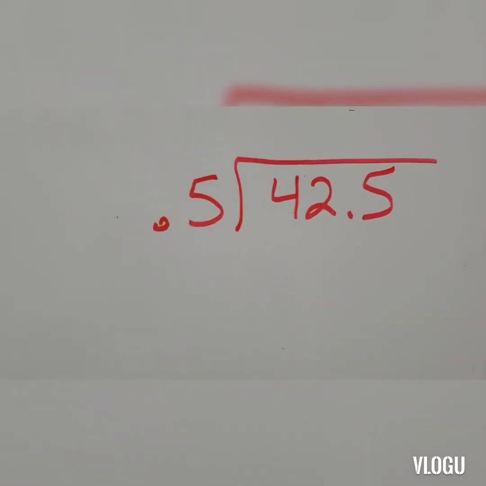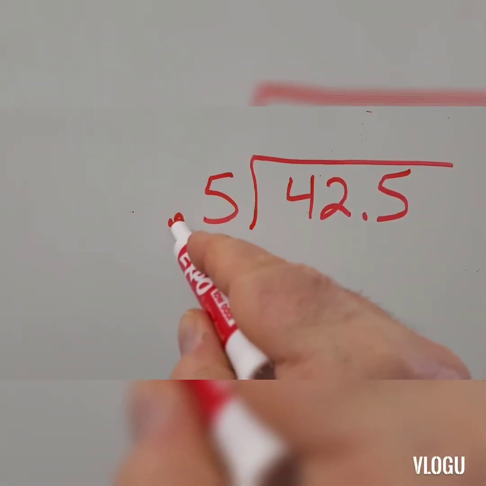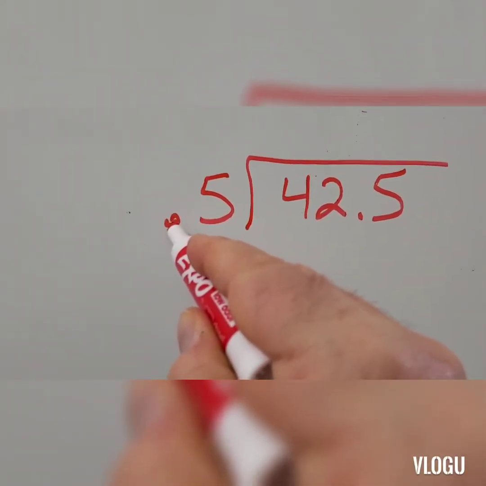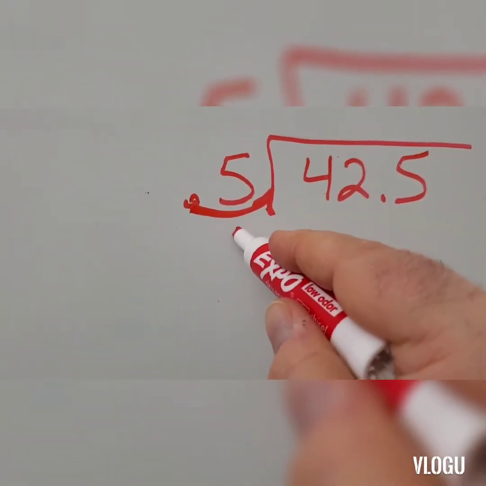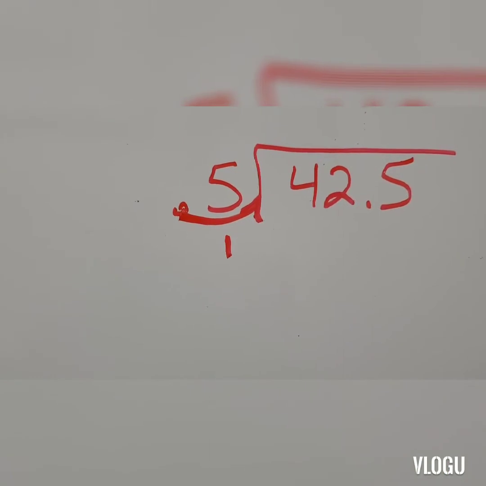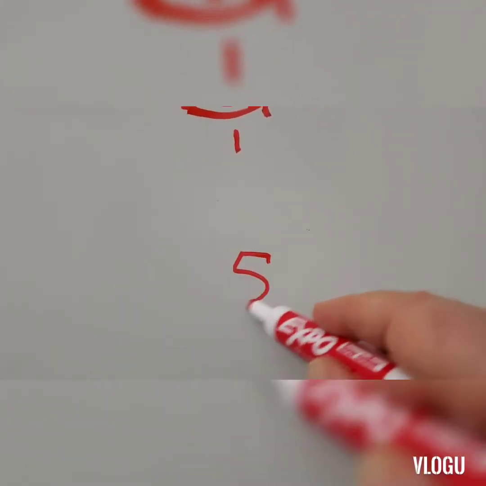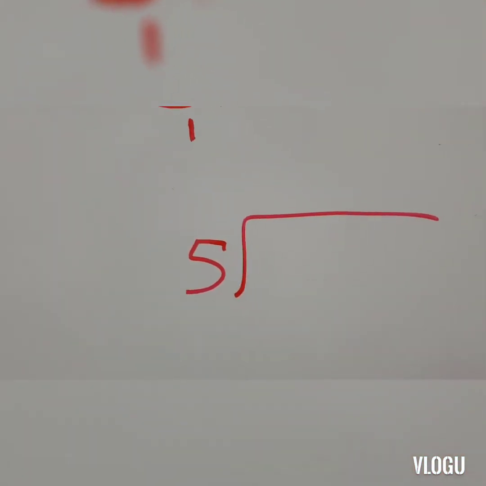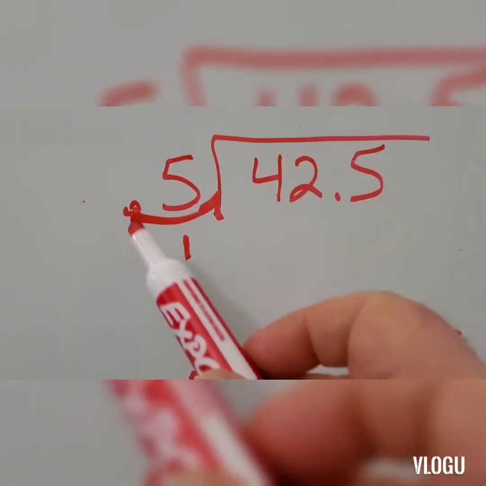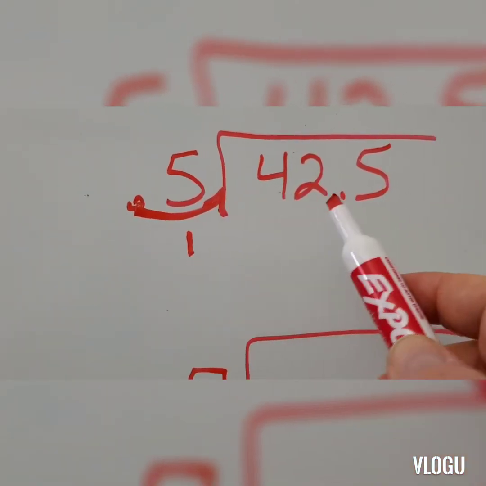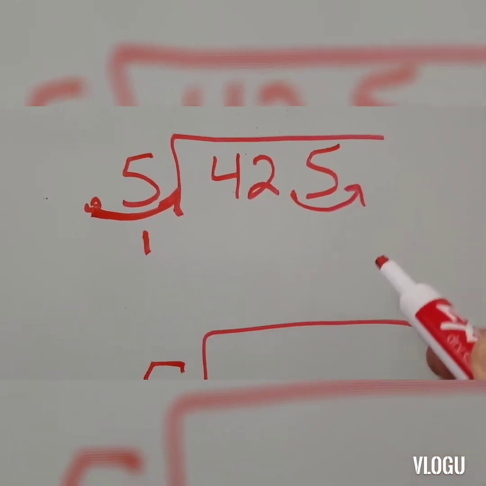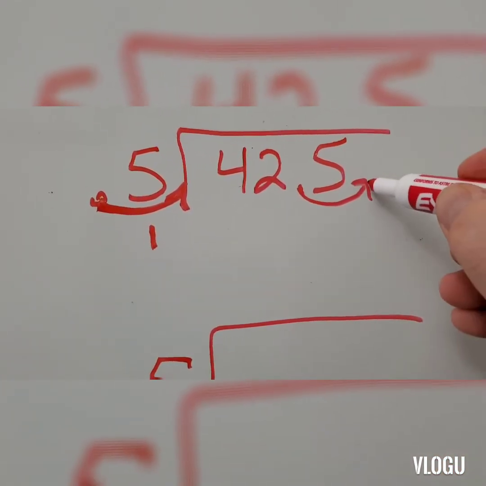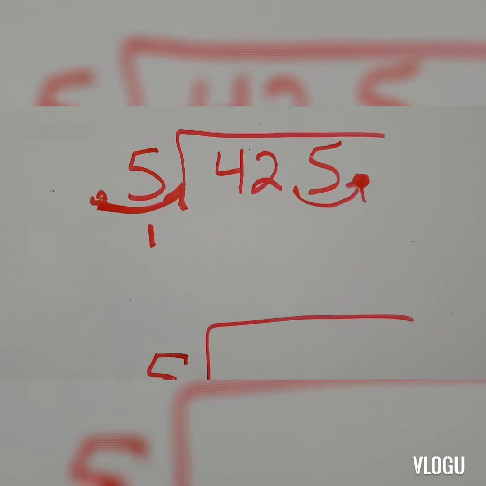Here's my problem. How can I get rid of this decimal? Bloop. I dance to the right one spot. And that makes this a 5. If I danced one spot to the right, this also has to go bloop, one spot to the right.